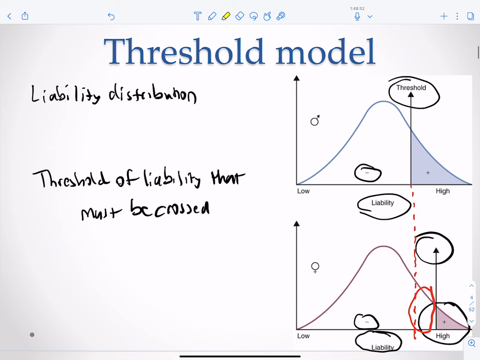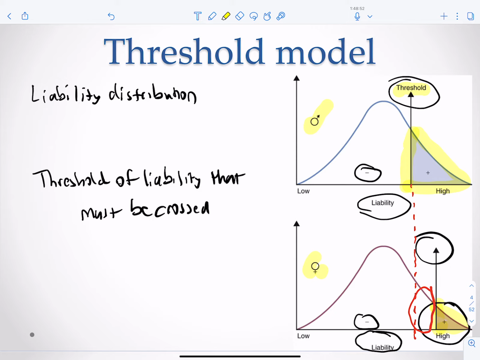That's common among traits that have the influence of multiple genes. An important concept is what's called a threshold model. This is important for multifactorial diseases because it's believed that once you reach that threshold, you present with the actual phenotype. Here we have genetic males and genetic females. You can see that this high area is where you present with disease, and the threshold for reaching that area is much lower in males than in females.